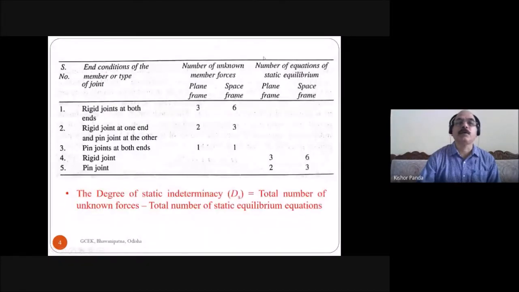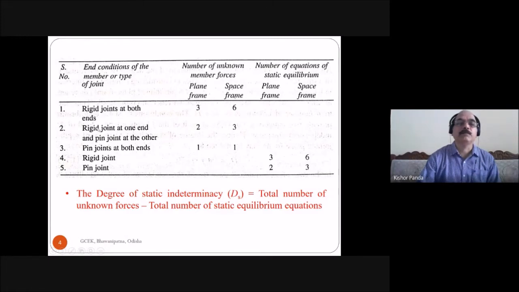Also, already we have discussed in the last class, using this table, the number of unknown member forces per plane frame and per space frame, and the number of equations of static equilibrium per plane frame and space frame, for different members with different end conditions. If both ends of the member are rigidly connected, the number of unknown member forces is 6 for a plane frame and 6 for a space frame.